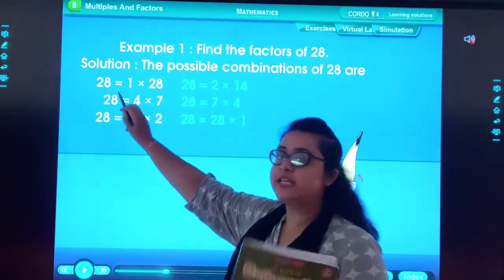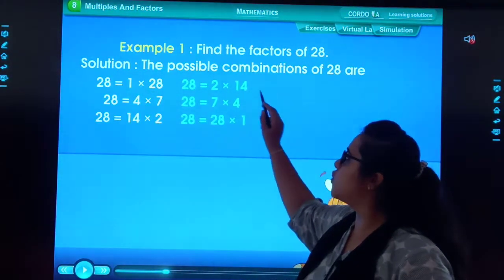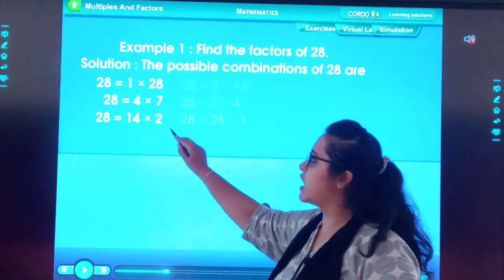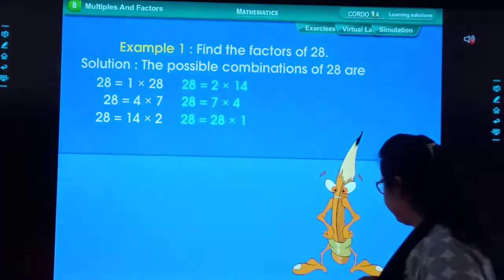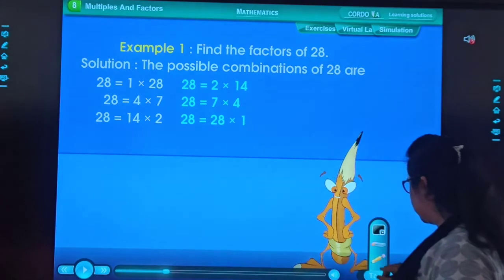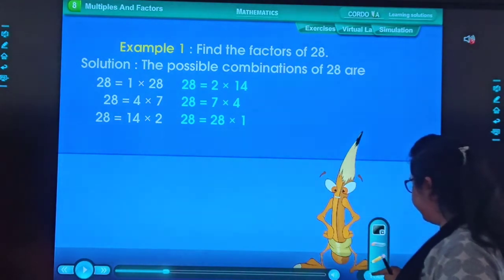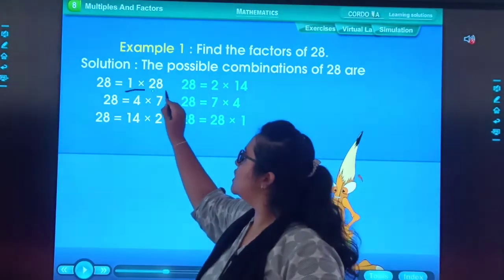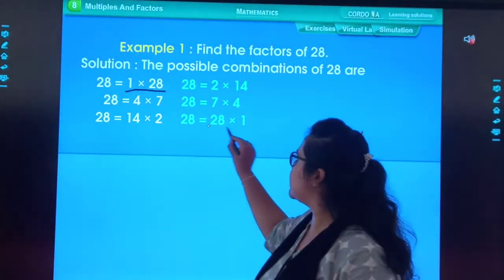See, have a look. 1 into 28, 28. 2 into 14, 28. 2 14s are 28. 14 2s are 28. Wait a second. Let me take the pencil so you can have a proper understanding. See. 1 28 is 28, 28 1 is 28.